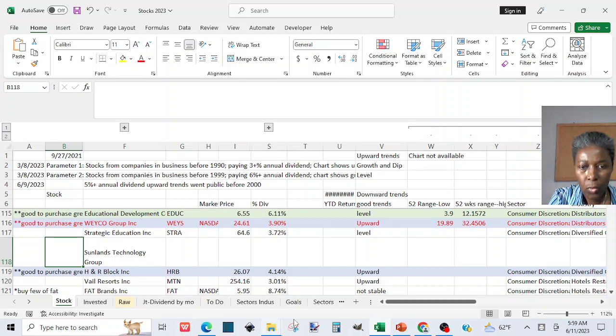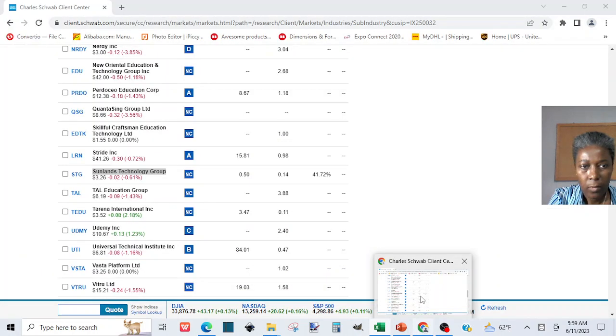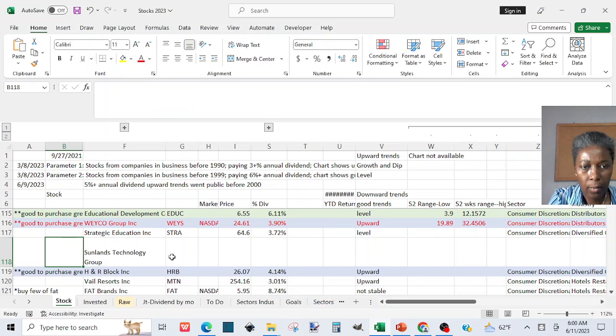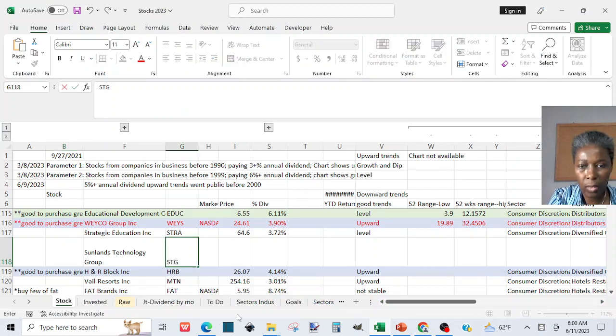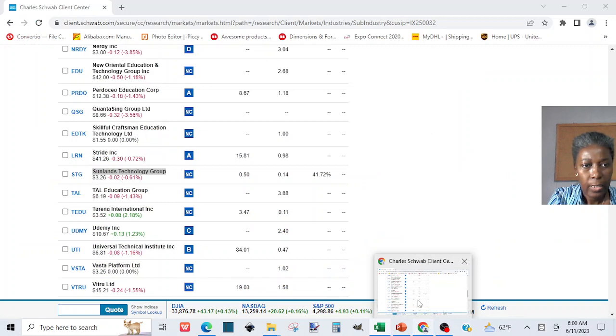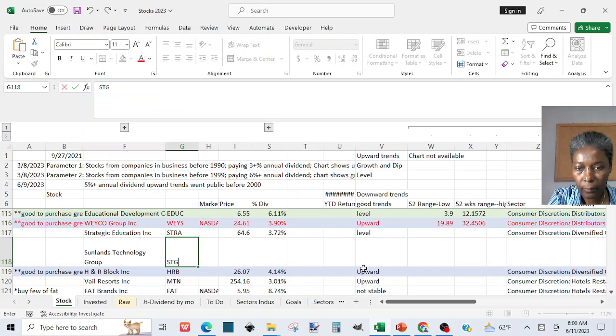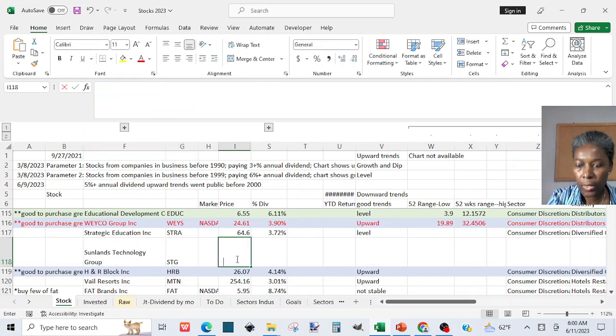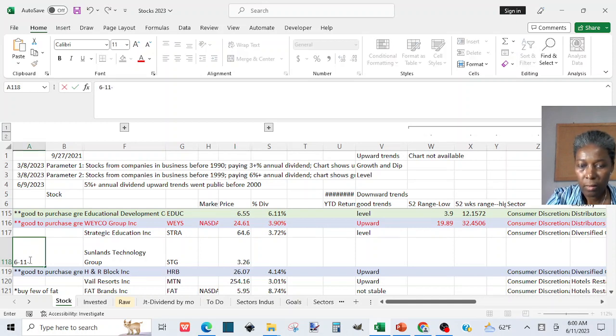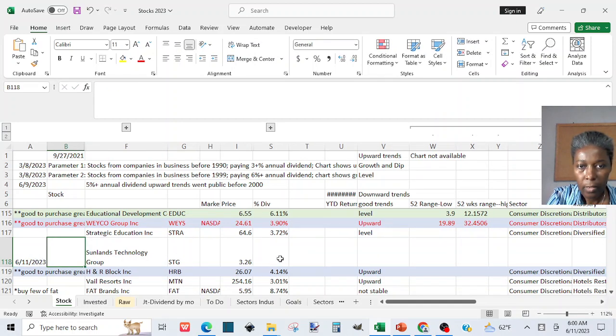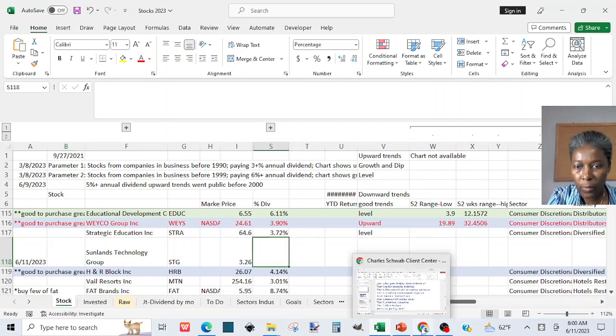And then you will enter the symbol, so SCG, and then the price is $3.26. Sometimes I like to add the dates that I did the research, but it does not really matter. So the dividend yield was 41.72%, I believe.